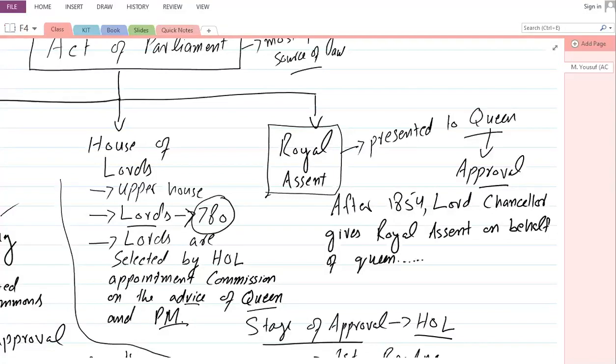The Speaker of the House of Commons announces the royal assent in the House of Commons, and the Lord Speaker at the House of Lords announces that royal assent is given by the Queen, so that everyone knows that the bill is converted into the act. So let's see some short videos on how the House of Commons and House of Lords basically work.